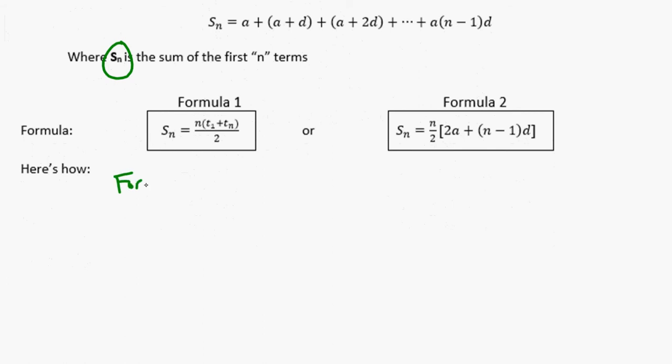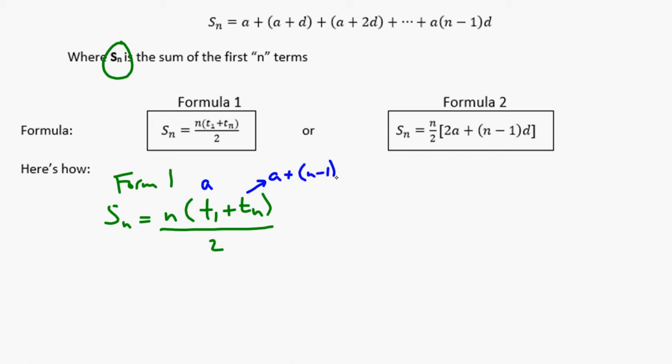So formula 1, we have this: Sn is equal to n bracket T1 plus Tn all over 2. The first thing I'm going to do is replace this T1 with a, and then I'm also going to replace this Tn with our formula from Lesson 1, which is a plus n minus 1 d.